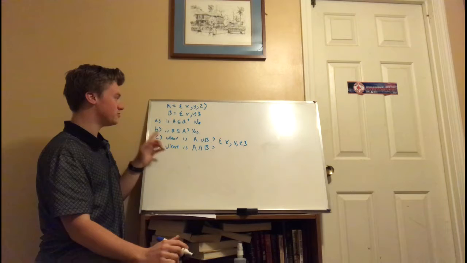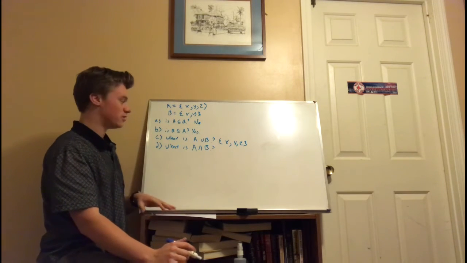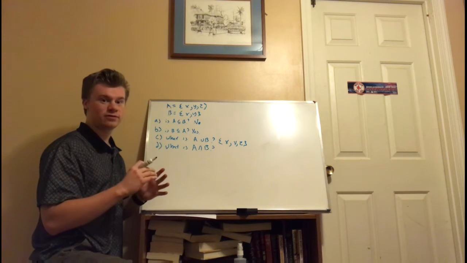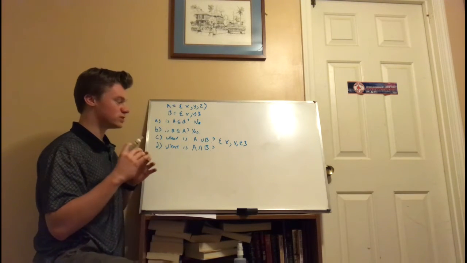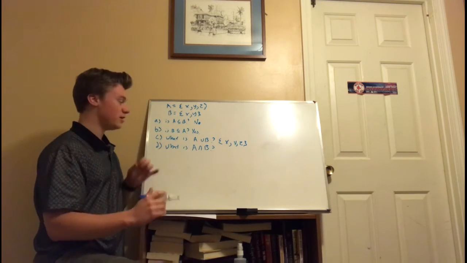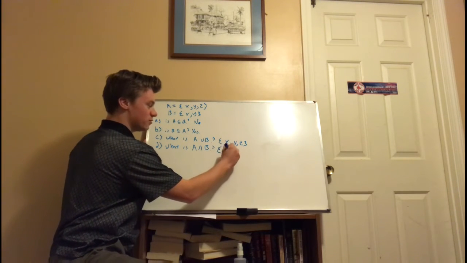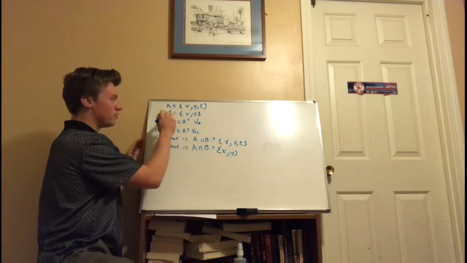The set of A intersect B is basically what elements both sets have. Union is what elements all sets have. Intersect is what both have. So this set would just contain X and Y, because both of those are found in both.